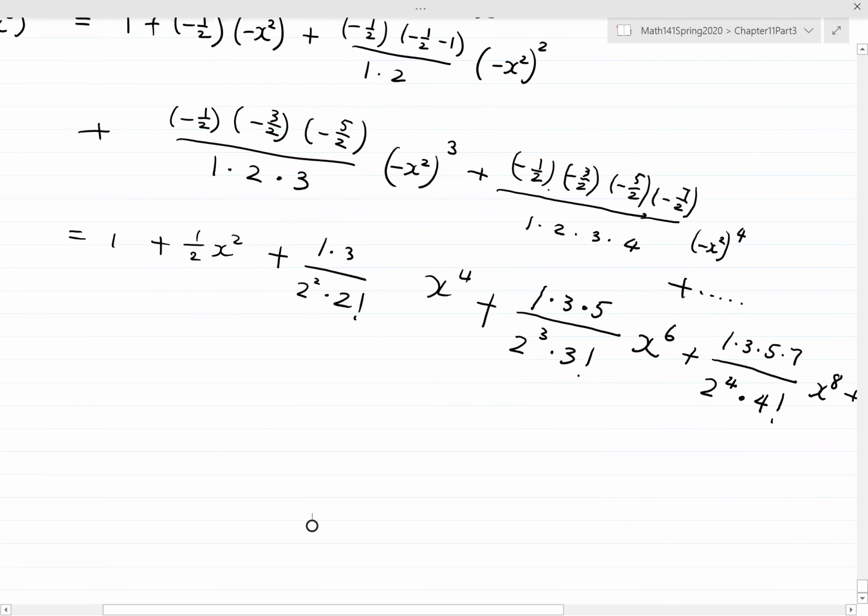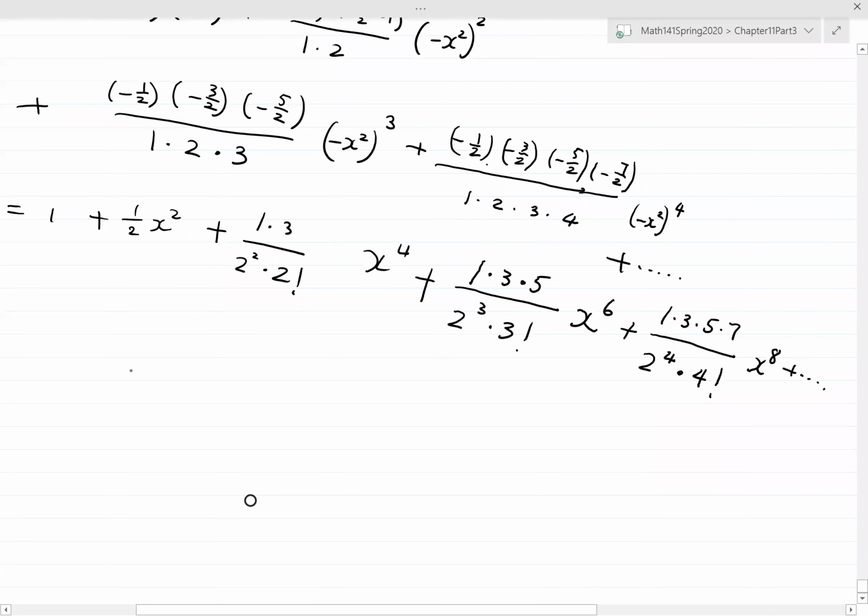If you write the general term, it is x to the power 2n. There's no alternating factor anymore. You get n factorial, then 2 to the power n, and then the double factorial (2n minus 1)!!.